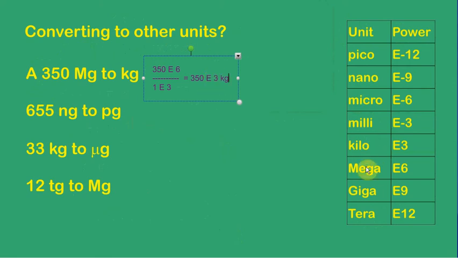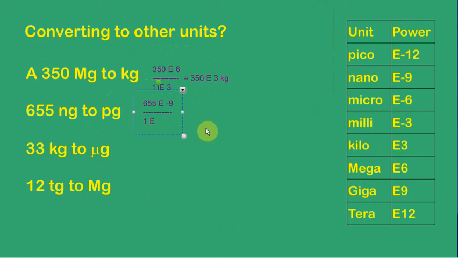You've got kilo here, mega here. There's 1,000 kilograms in a megagram, so I've got 350,000 kilograms in 350 megagrams. So the same conversions work all the time. On this next one here, I have 655 nanograms. Well, a nano is E minus 9, and you simply divide that by pico, which is E minus 12.